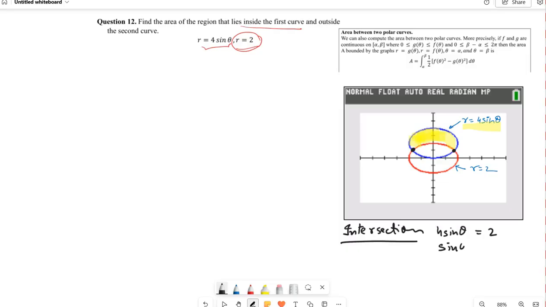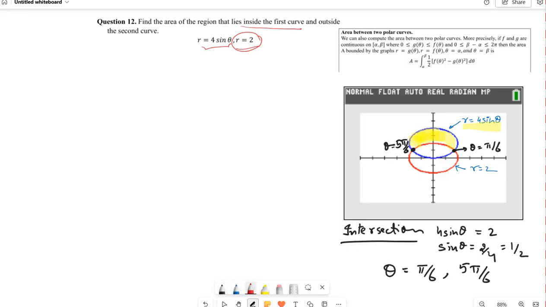That means sine theta is equal to 2 by 4, which is half. When is sine theta half? Theta is pi by 6 and 5 pi by 6. Therefore, at this point in the first quadrant, theta is pi by 6, and at this point, theta is 5 pi by 6. So we need to find this area from theta pi by 6 to theta 5 pi by 6.